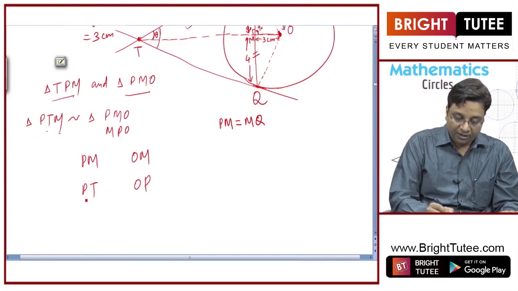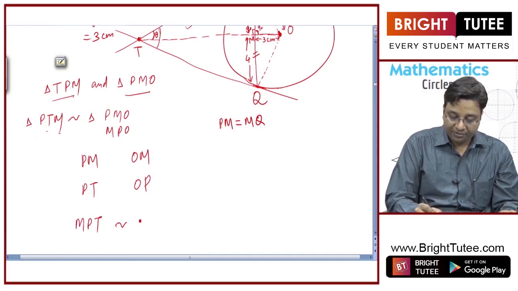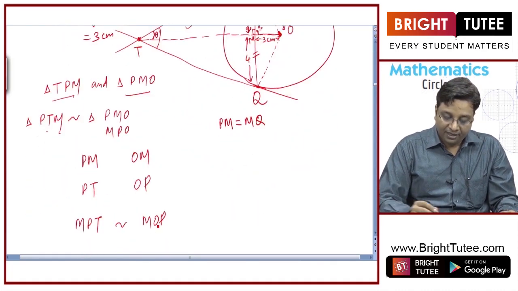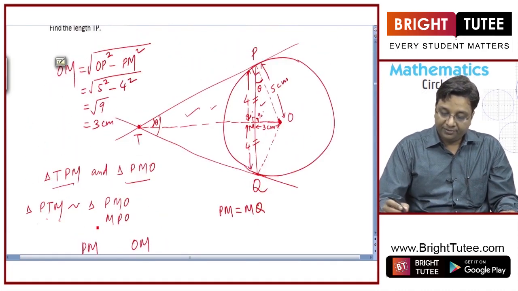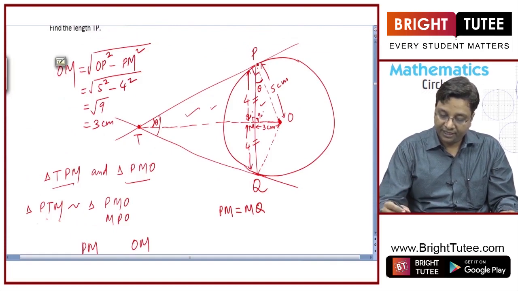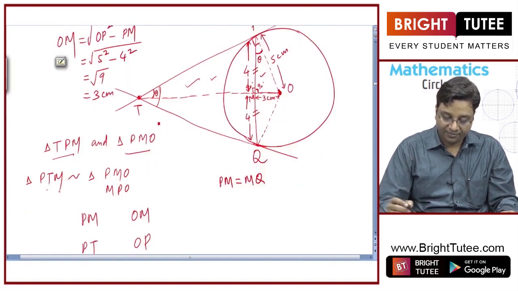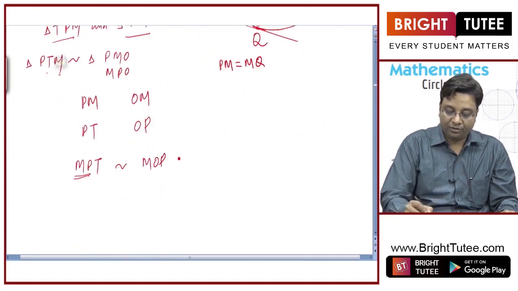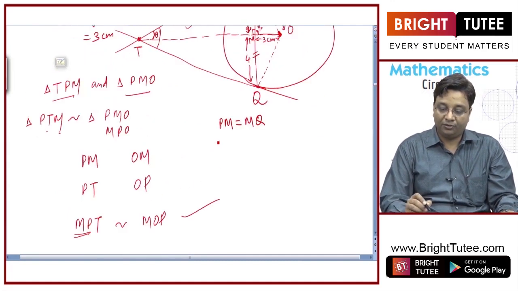Now if I make the correspondence here, I can say MPT is similar to MOP. Now you see, side MP is opposite to angle theta, and here side MO is opposite to angle theta. Now it is the correct correspondence.